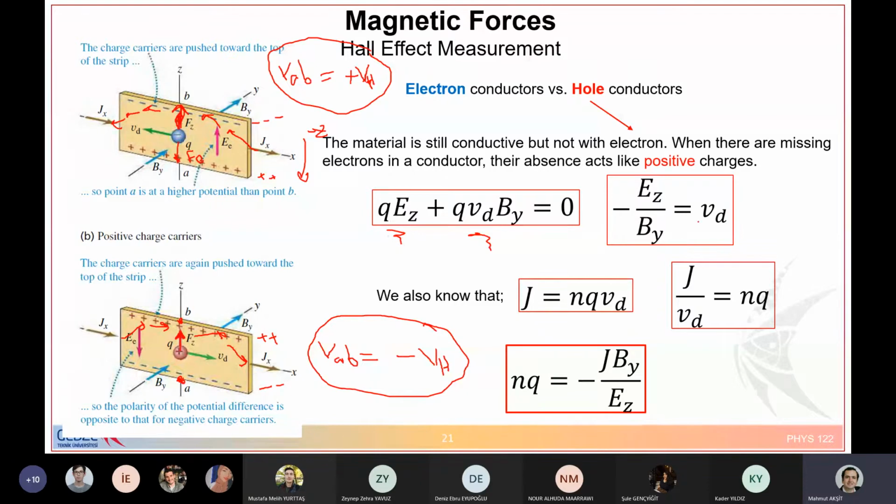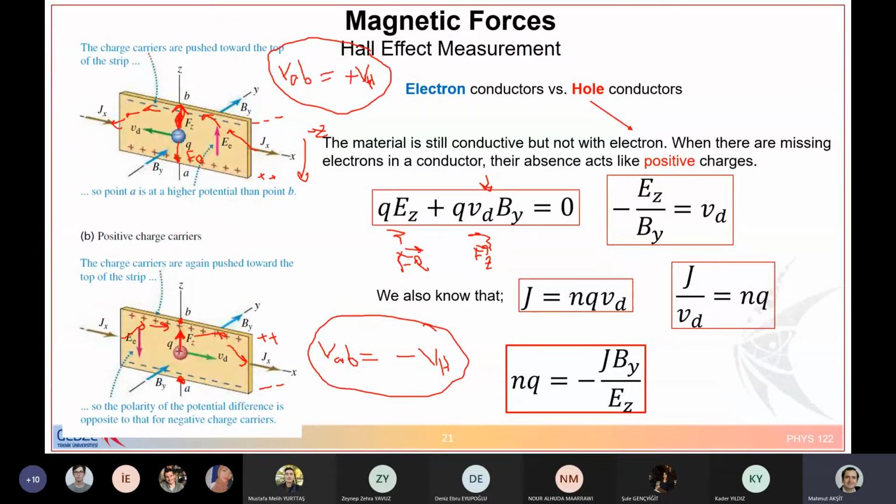And this VD is the drift velocity. As you know, QVD is the magnetic force FM. This is FE. They should add up to 0. Since they are facing opposite directions, we add them like this. And this gives VD equals to minus EZ over BY.